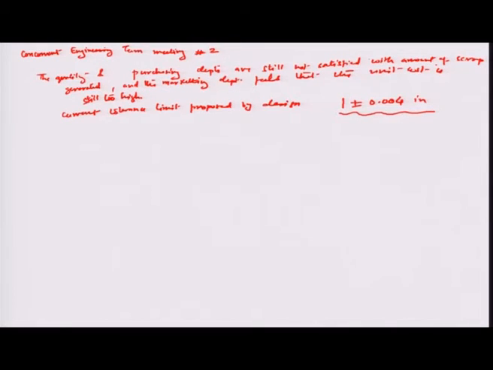So, they assume the new tolerance limits to be 1 plus minus 0.004 inches, meaning the acceptable range now goes from 0.996 all the way to 1.004 inches. This is the acceptable range of tolerances.